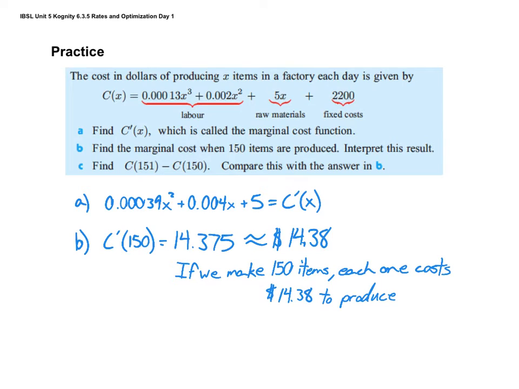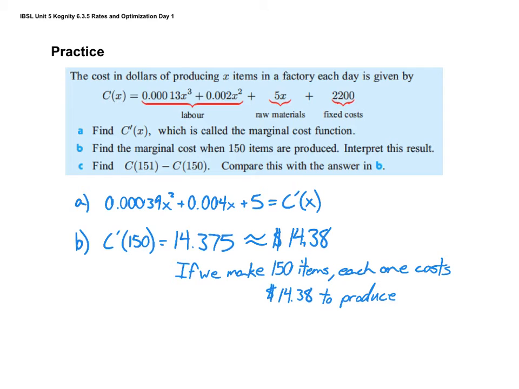And by the way, since that's less than 2,200, that tells me that I'm probably not actually working for a whole day there, because it's 2,200 a day. So in order to get the total cost, would you just take the 14.38 and multiply it by 150 plus 2,200?